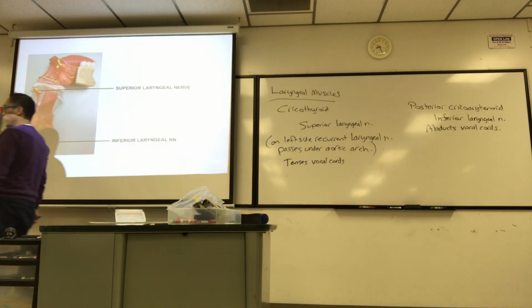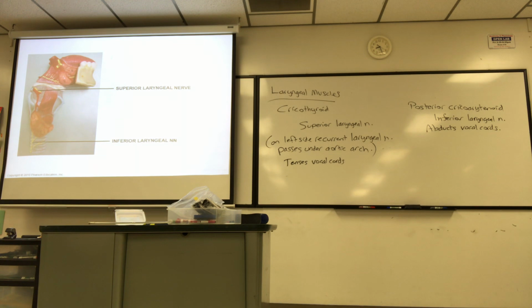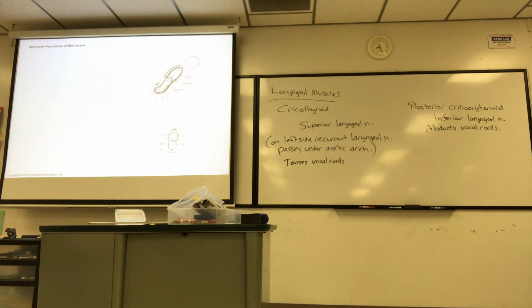Here's the model showing you both nerves, superior and inferior laryngeal nerves. That's a good model that shows it there. One thing about the larynx that's important to note, for a functional thing, is the Valsalva's maneuver, which is straining against a closed glottis.